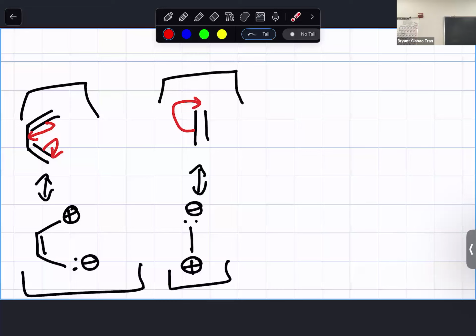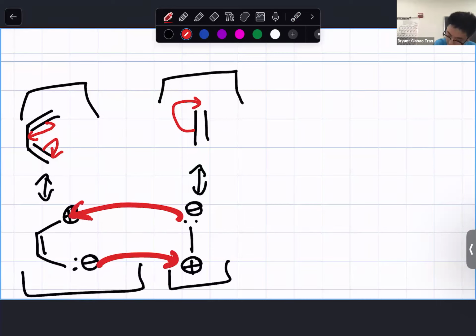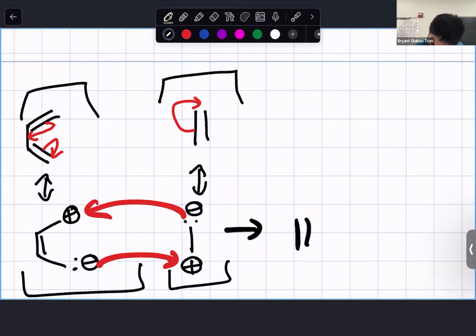This is the electrophile here because it's a positive charge. We could draw that nucleophile attacking that electrophile right there, and the same for the other side. This nucleophile up here can attack that electrophile right there. When that happens, we form that cyclohexene there. So this is another way to look at it with the charges, where these are the two new bonds between the nucleophile and electrophiles.